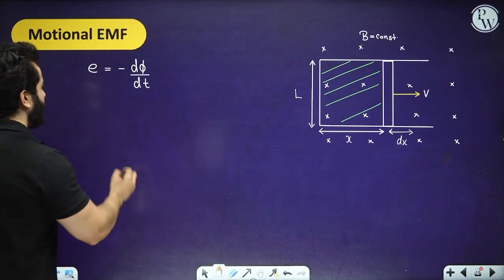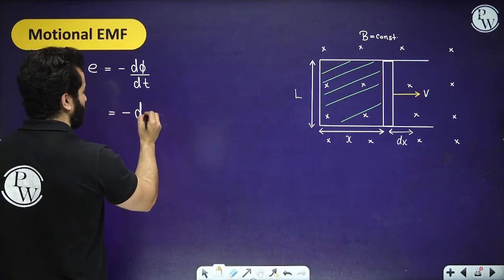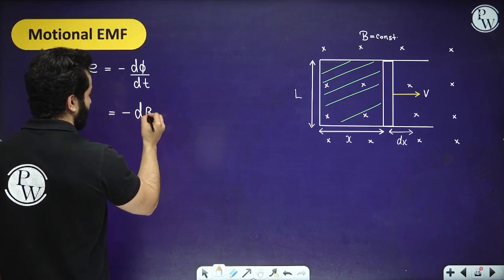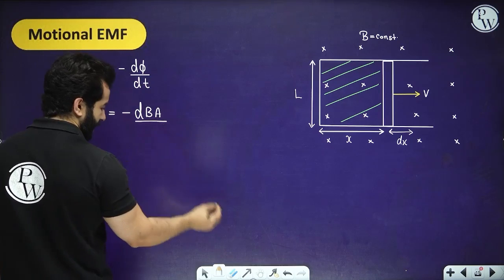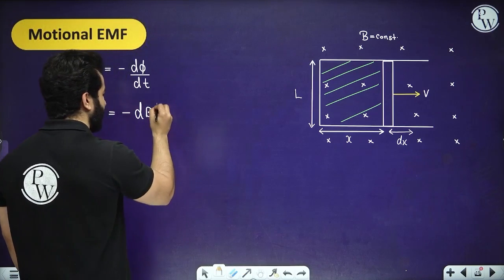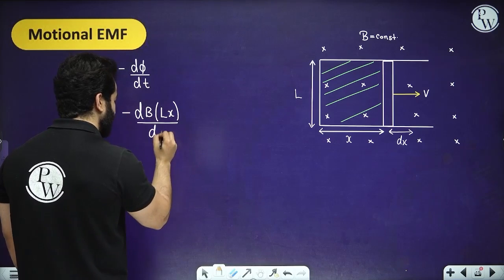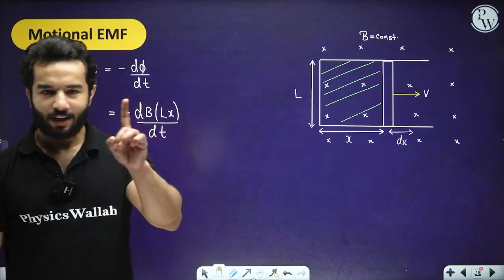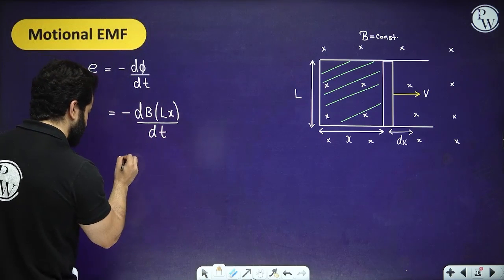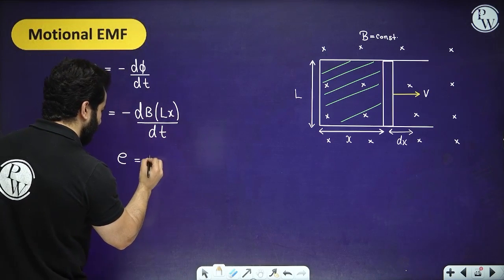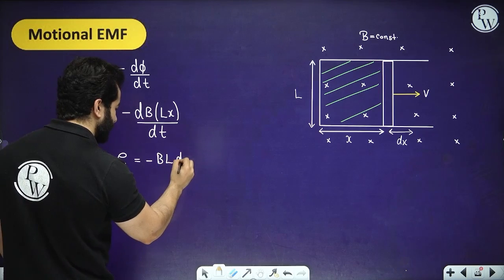This will be written as d of B into area, dBA by dt, and instead of area I can directly write L times x, over dt. Is the magnetic field changing? No. Is the length of the rod changing? No. So I can take these outside, and I'll be left with minus BL times dx by dt.